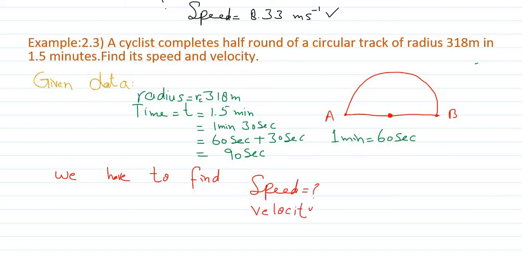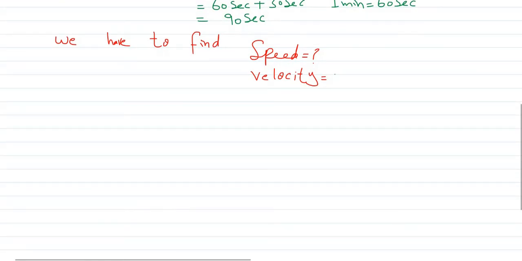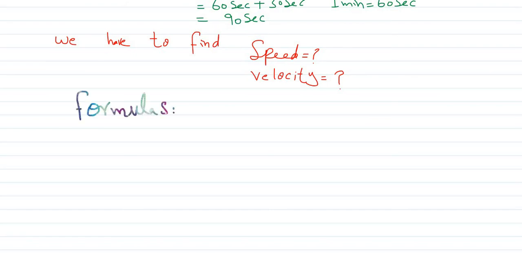So first of all we have to learn what is the formula of speed and what is the formula of velocity, then we can easily find the speed and velocity. So first of all I am going to write the formula of speed. The formula of speed is distance covered in unit time.